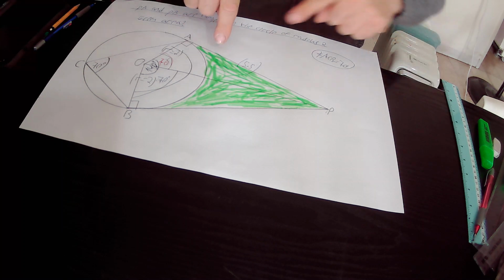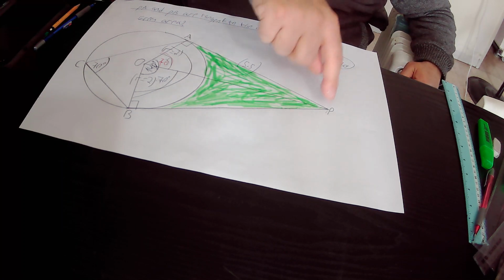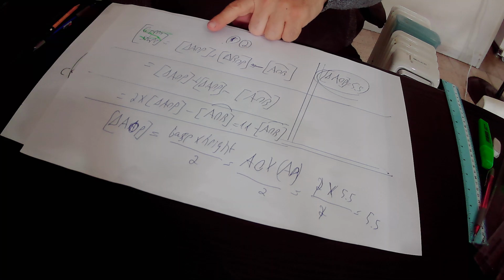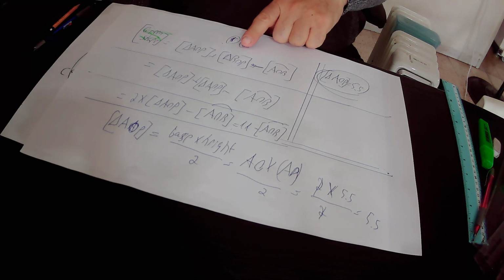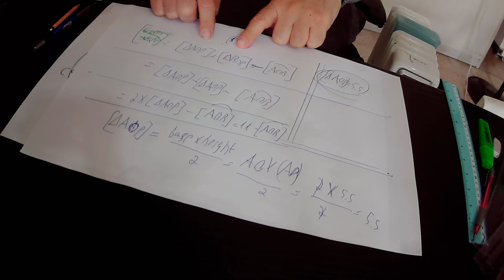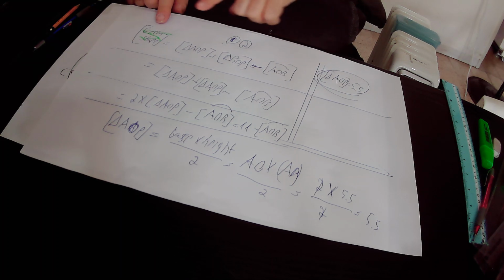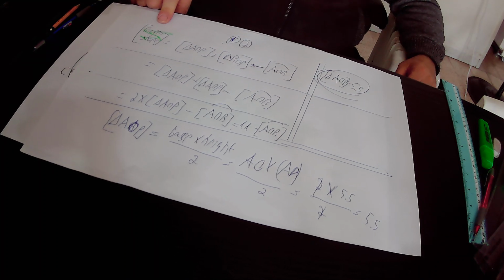The sum of the areas of those two right triangles gives us the area of quadrilateral AOBP. And the area of quadrilateral AOBP minus the area of sector AOB gives us exactly the area of the grain shape.